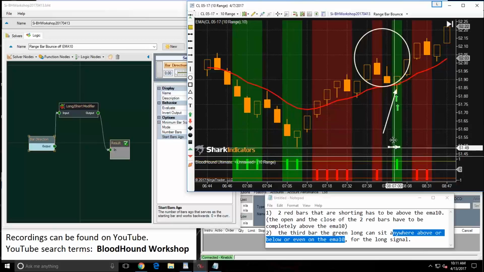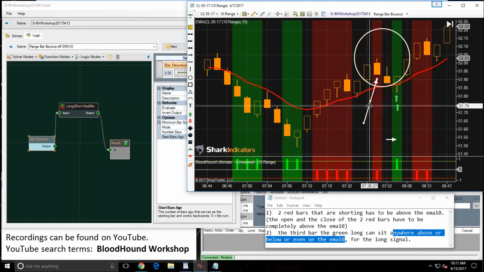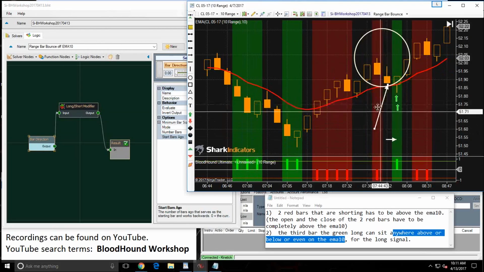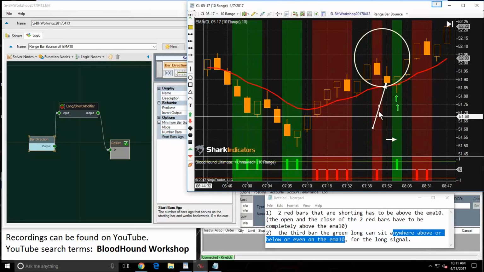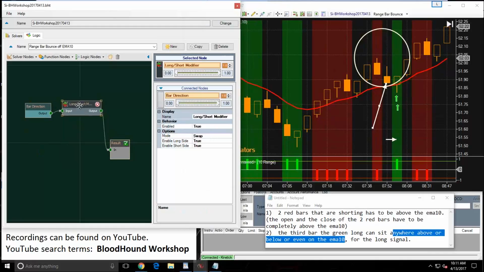This long output here is being generated by our two down bars. We've got a bar direction solver, and we're reversing the output with the long short modifier. We're using the swap mode, so we're swapping the output. Let's rename this so we know what this solver's doing.